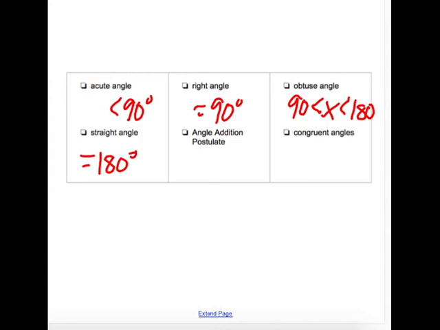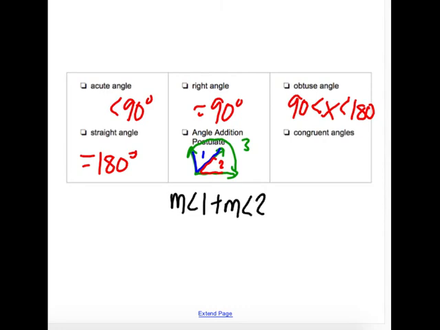Angle addition postulate. Let's draw a picture there. Pictures are always fun. So if I call the big angle, angle 3, this angle, angle 1, this angle, angle 2, all I would say is the measure of angle 1 plus the measure of angle 2 equals the measure of angle 3.